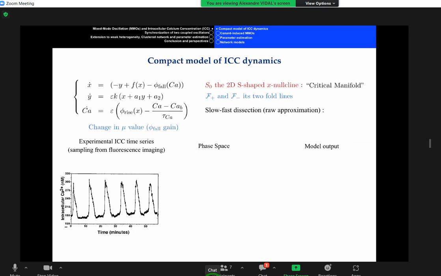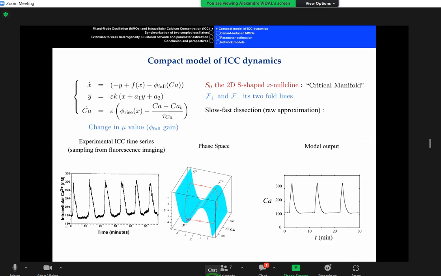To reproduce that, we have the possibility to have a phase space with a singular point that is very close to one of the folds, here the lower fold, F minus. And the dynamical behaviors that we obtain, I show the model output here, which is quite good to reproduce such type of ICC time series.